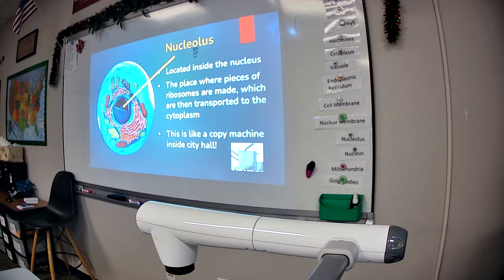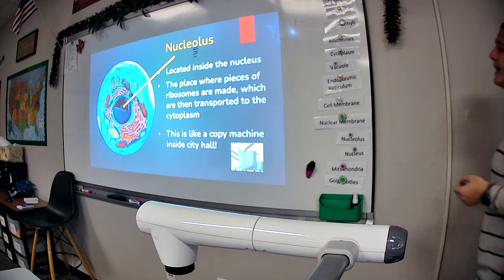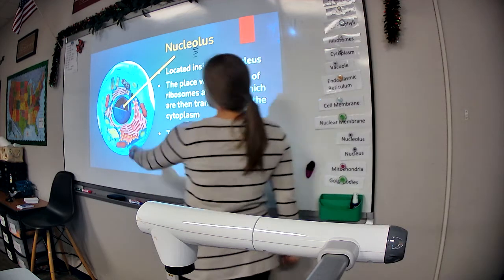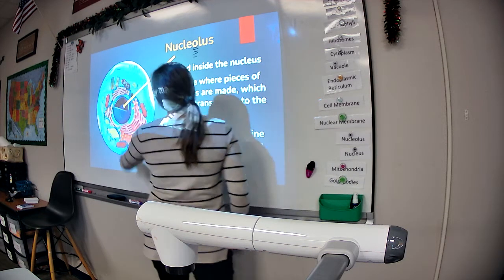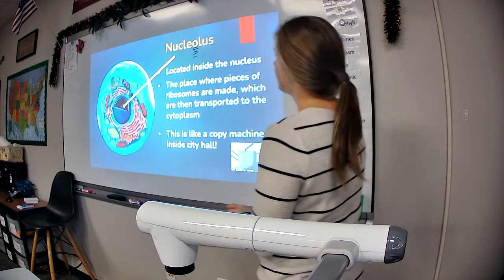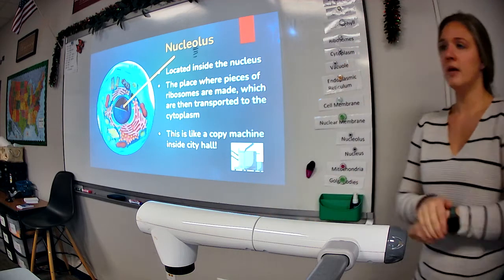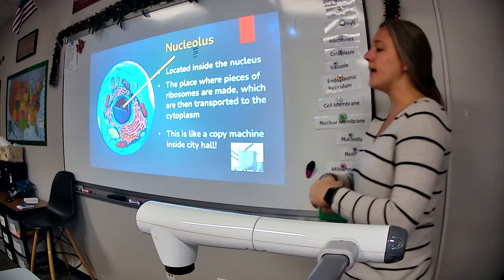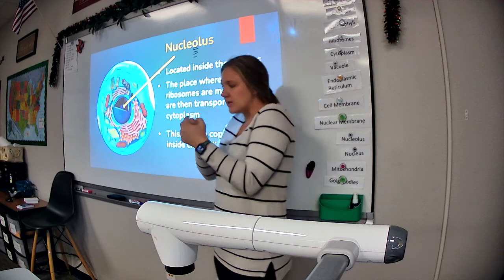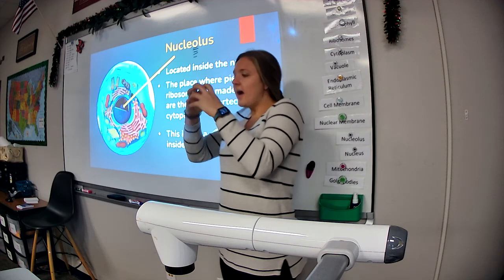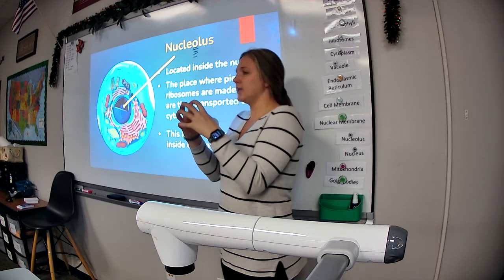Now, the nucleolus is located inside the nucleus. It's this big purple ball in the middle you guys keep asking me about. So the nucleolus is like a little ball or a center circle inside the bigger circle of the nucleus.